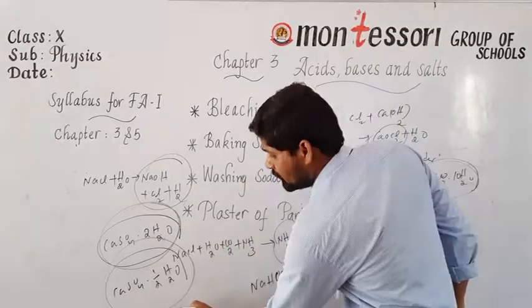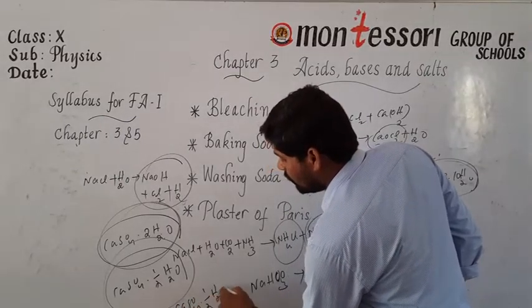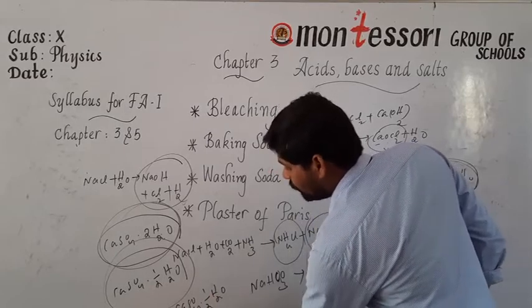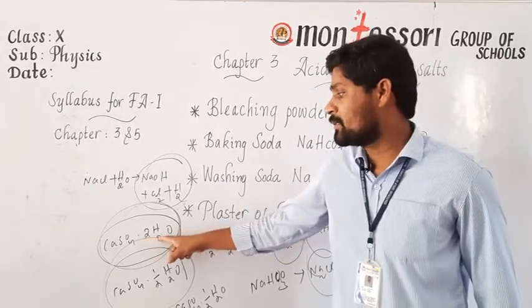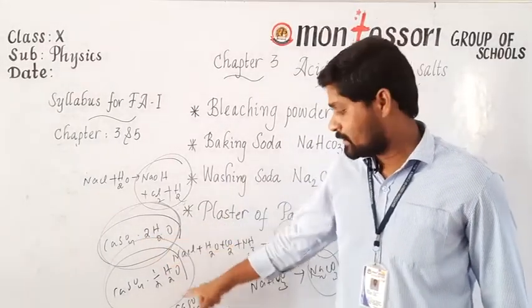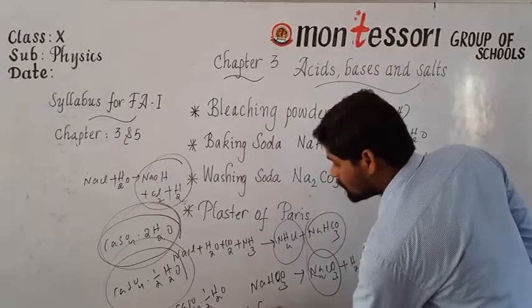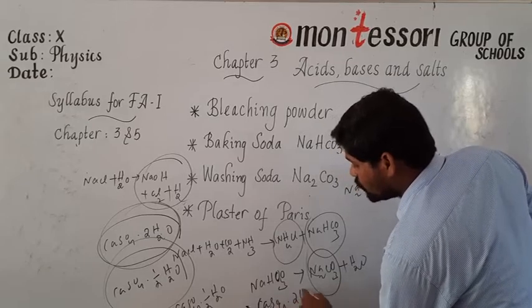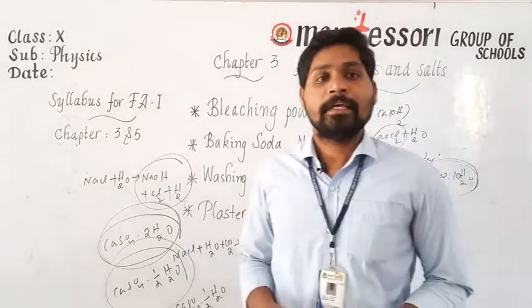For example, see the reaction here: CaSO4·½H2O, when you add water, one and a half molecules of water are taken up, because one molecule of CaSO4 contains two molecules of water, and it forms CaSO4·2H2O, gypsum. Clear?